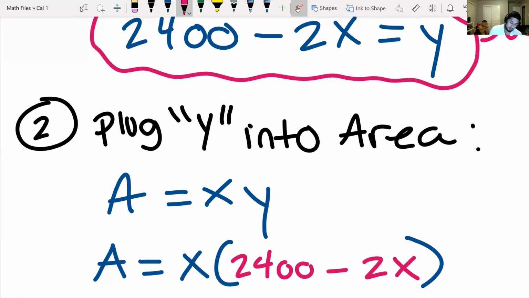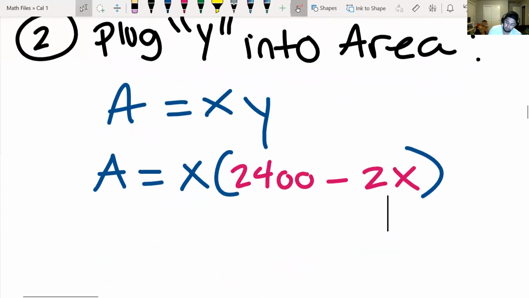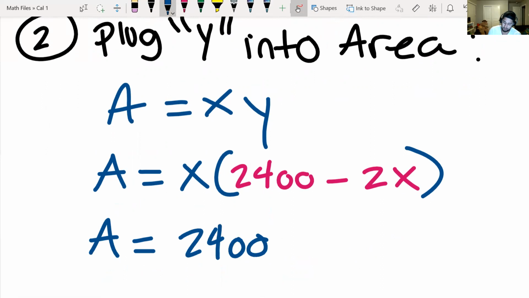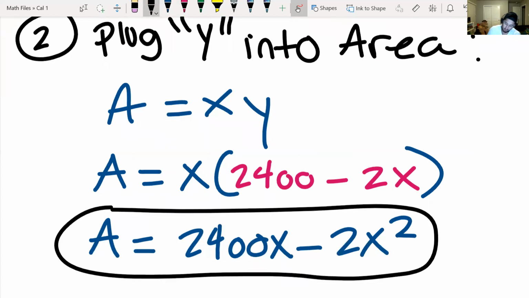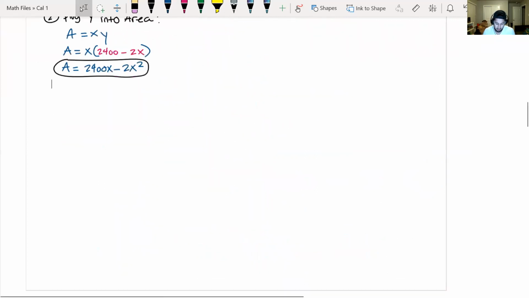There's the sub. Okay. And then distribute the x, and area equals 2400x minus 2x squared. There is the new area equation, all in terms of x.